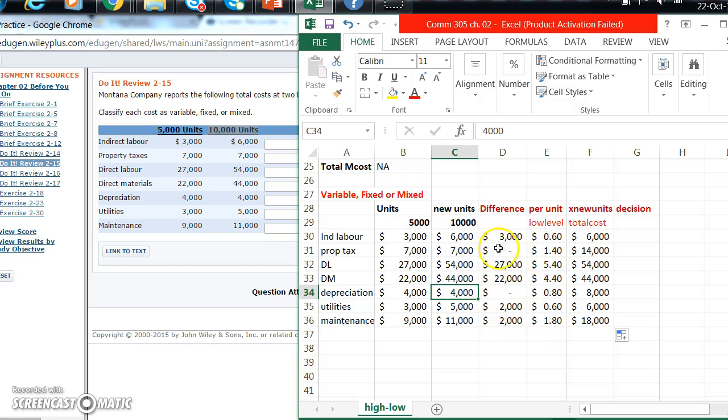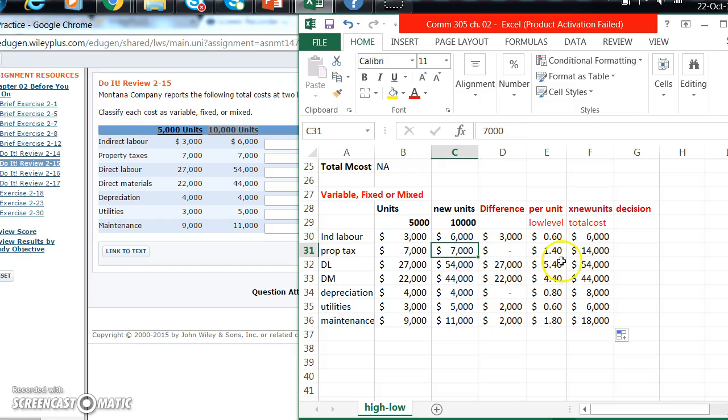Next step is, if the total cost calculated by using the cost per unit in the low level times the total units in the high level is equal to the total cost that we found by using the high level of production, if these two, C30 equals F30, then the cost is just variable.